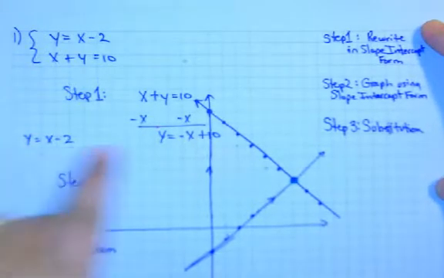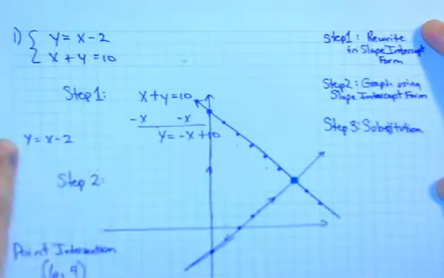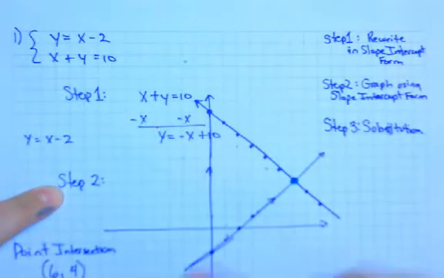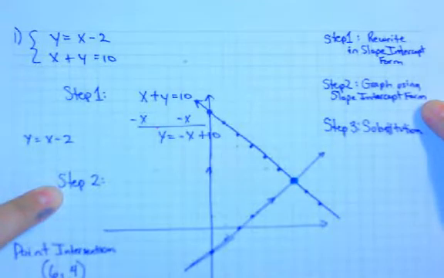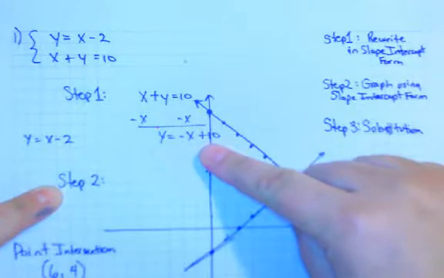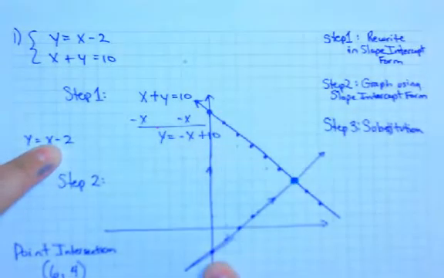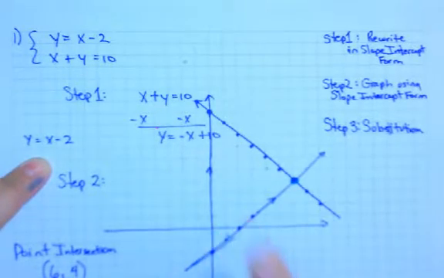Step 1, you're going to go ahead and put in slope-intercept form. So only one of them needed to be changed. Then in step 2, you're going to go ahead and plot your point or find your point using slope-intercept form. You know where it crosses at the y-axis of positive 10 and negative 2, and then you know what the slope is.